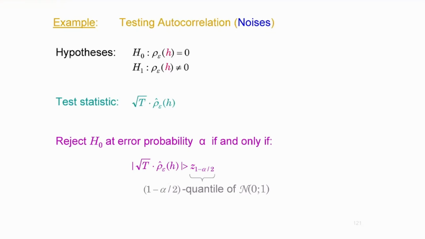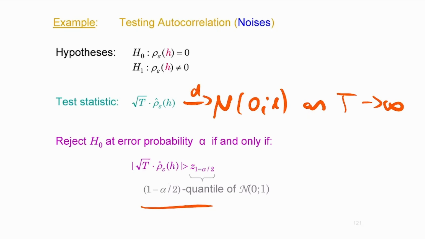I would add, don't confuse this: this does not follow the standard normal distribution, although we use its quantiles as a base. But this is asymptotically going to be standard normal. So this is just converging to the standard normal distribution as the sample size increases, as the sequence progresses. So this distribution is not exact.